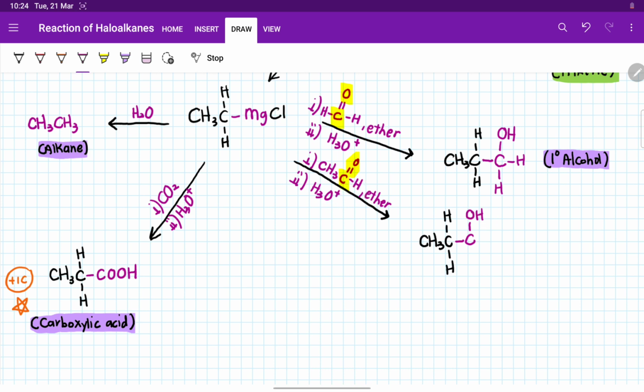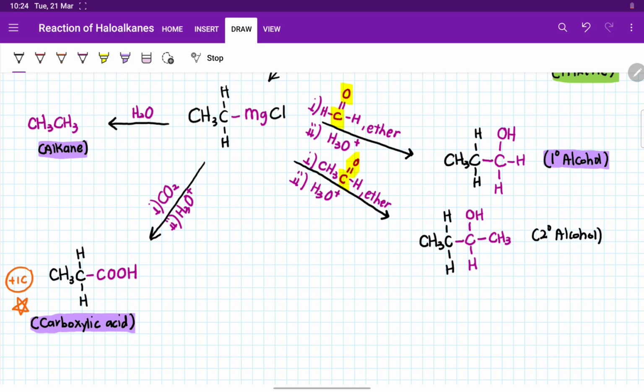So, this carbon has hydrogen, salin balik hydrogen, and then dia ada CH3. Okay, CH3 saya letak dekat sini, CH3, hydrogen saya letak dekat bawah. So, as you can see, this carbon is a secondary carbon sebab dia bonded kepada 1, 2. This carbon that is bonded to the hydroxy group. So, we have over here our secondary alcohol.